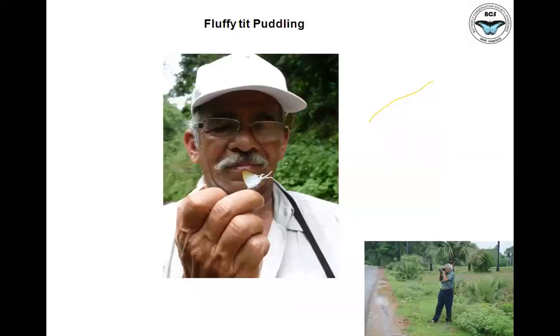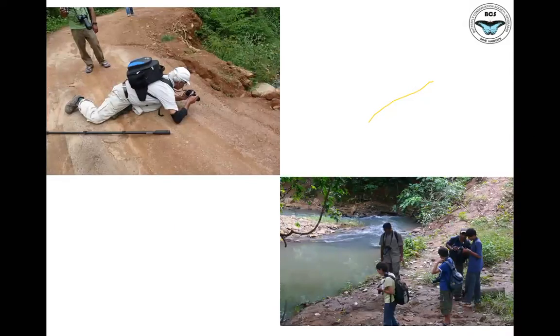And this is my field photograph, where I'm taking a photograph for puddling. The lower one is in the Maredumilli area. It's a very good puddling spot. Whenever we go to the Maredumilli area, we definitely visit this spot, and we find some good photographs.